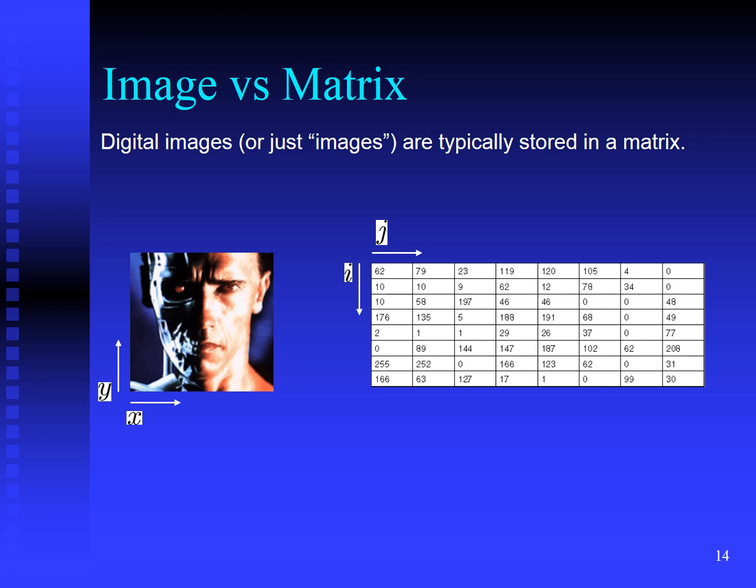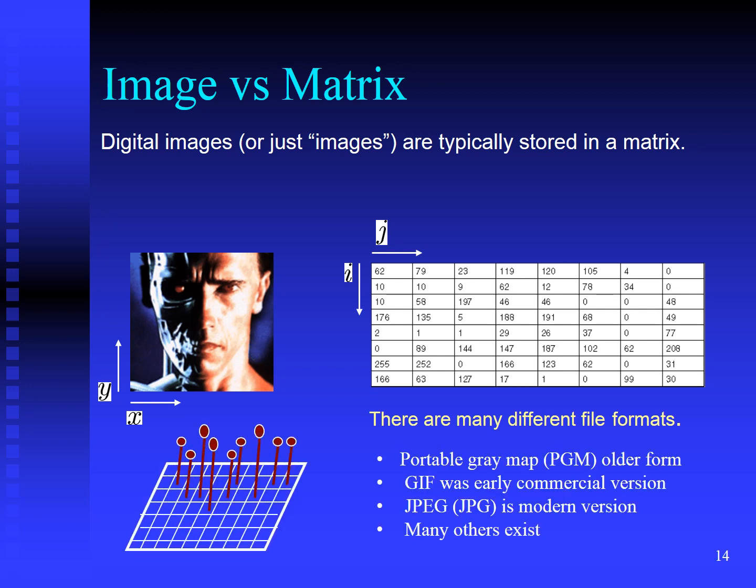You can see an image and its matrix representation, and the digits you are seeing are the intensity. There are different formats for images: PGM, portable gray map, GIF, JPG, and many others exist.